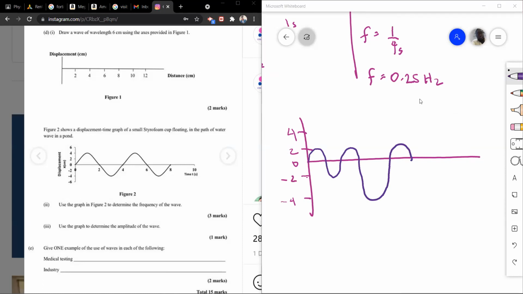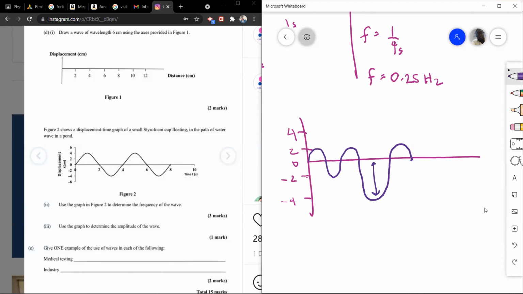4, the same way. Although there's a negative sign down there, remember you're talking about displacement, the distance between here and here, and you can't get a negative distance.